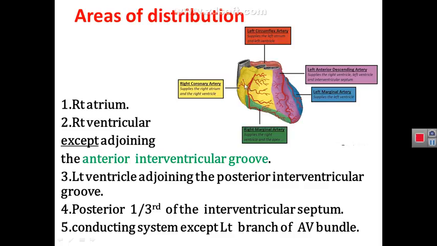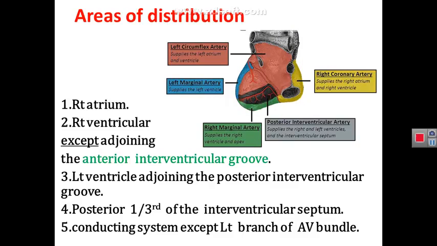It includes the right atrium and most of the right ventricle, except the part of the right ventricle near the anterior interventricular sulcus. This region is supplied also by the right coronary artery.